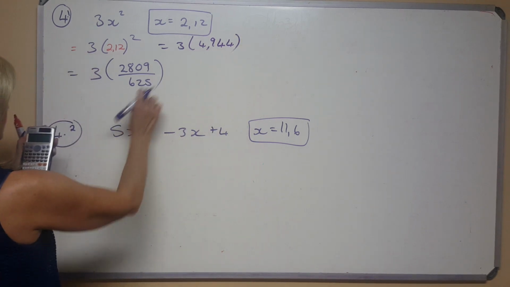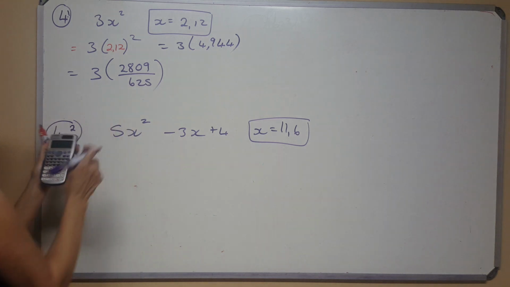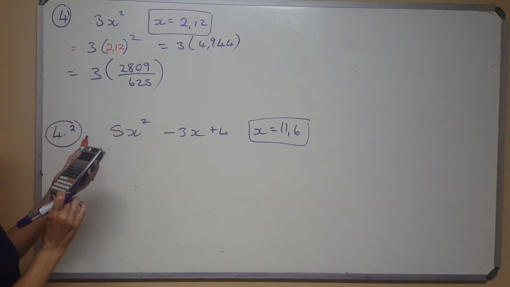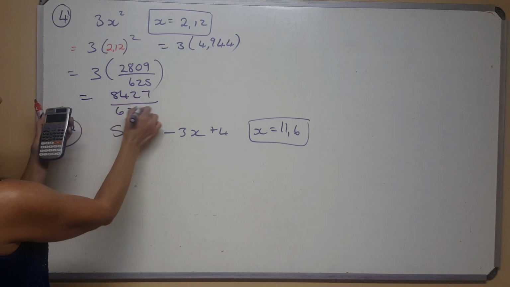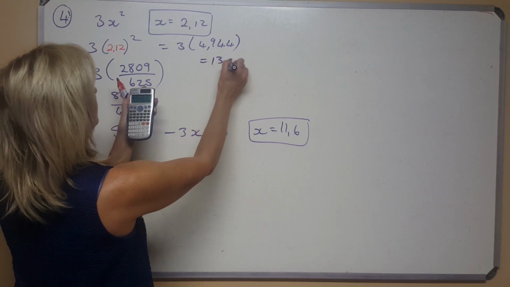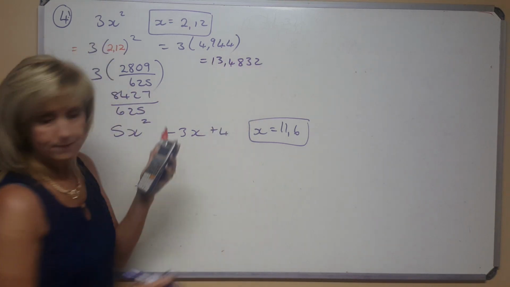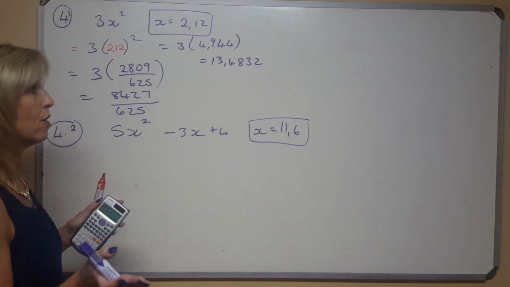That's perfect. Same thing. Normal fractions, decimal fractions. Then you still have to time it with 3. Dan gaan jy ook jou antwoord of as 8427 op 625 skryf, of jy kan hom in desimaal gaan skryf as 13,4832. Nou die vraag het niks gesê van afronding, it never said anything about rounding off.